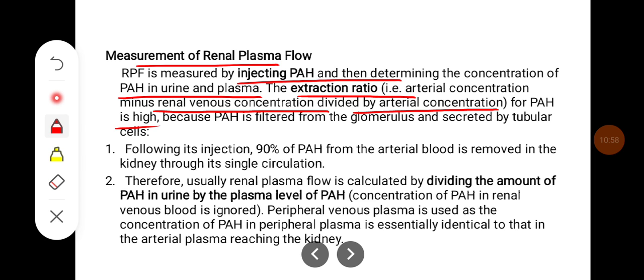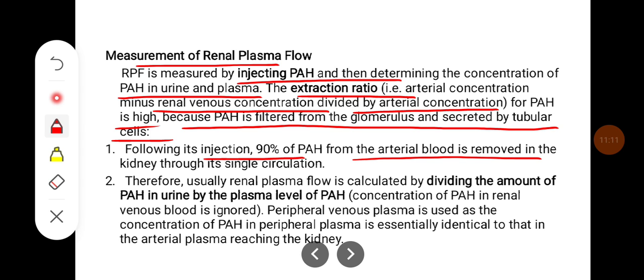That is, the extraction ratio for PAH is high because PAH is filtered from the glomerulus and secreted by tubular cells. Following its injection, 90% of the PAH in the arterial blood is removed in the kidney through its single circulation. Therefore, usually renal plasma flow is calculated by dividing the amount of PAH in urine by the plasma level of PAH.